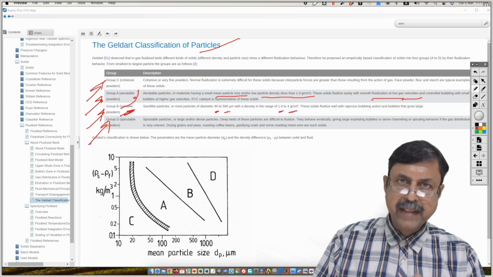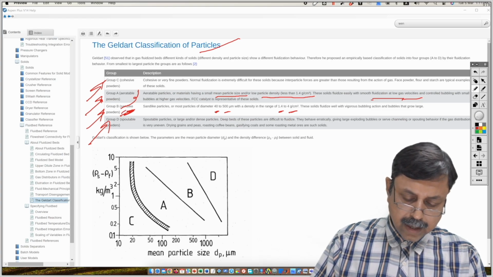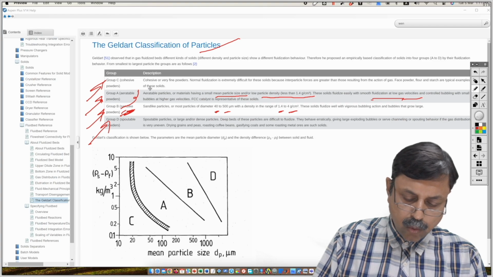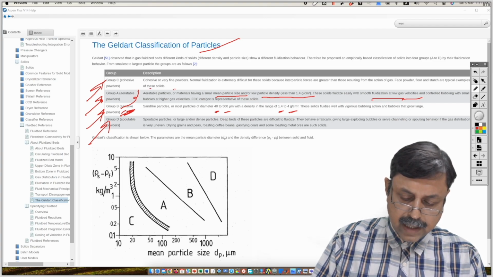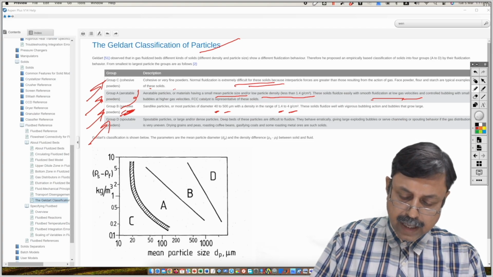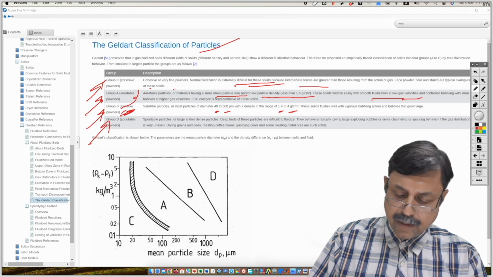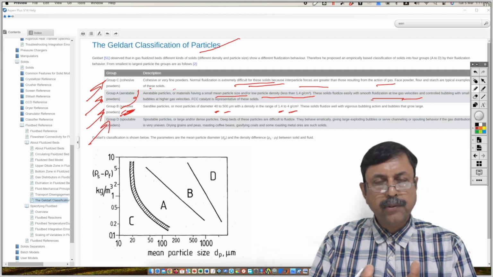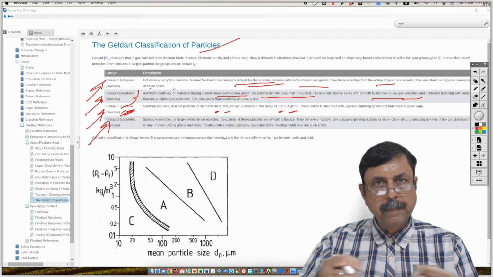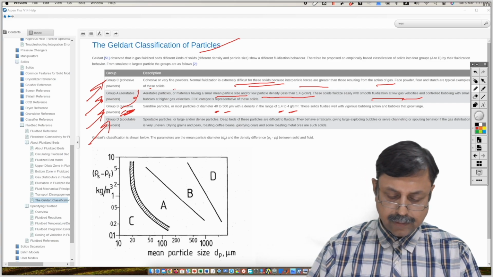So if you have that kind of particles, you will use Geldart B. Geldart C is cohesive or very fine particles. Normal fluidization is extremely difficult for them because of interparticle forces that are greater than those resulting from action of gas. So gas will not be able to separate those particles. There will be some cohesiveness within the particles. They will be sticky.